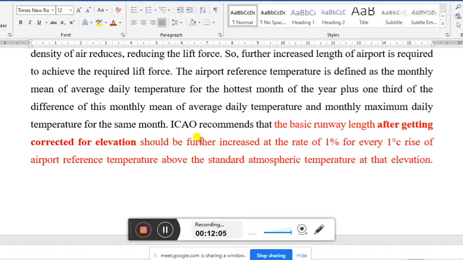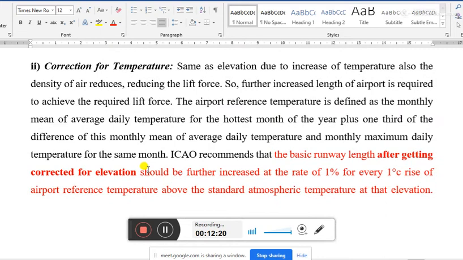Or if the airport reference temperature is 20 degrees Celsius, then 20 minus 15, that is 5 degrees Celsius, is the rise of temperature. Now, one question you should ask, that is what is airport reference temperature? We are coming to the airport reference temperature after all the discussion of these corrections.